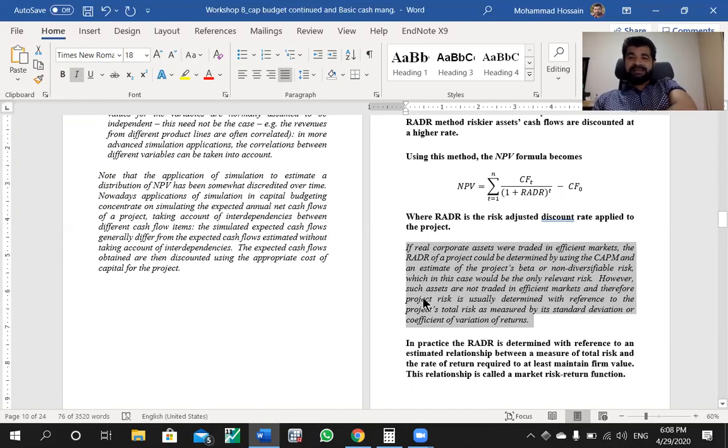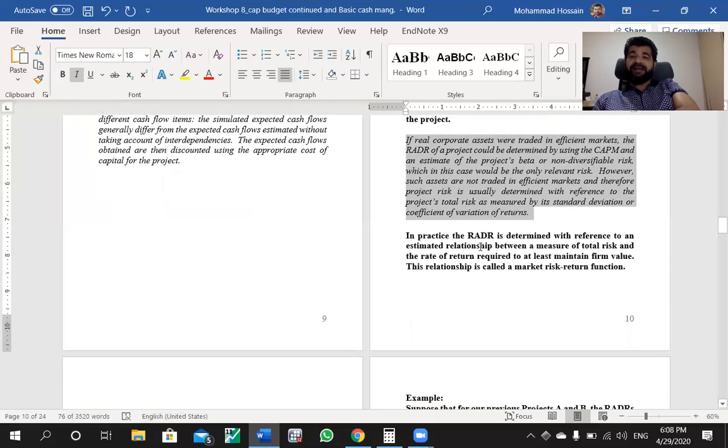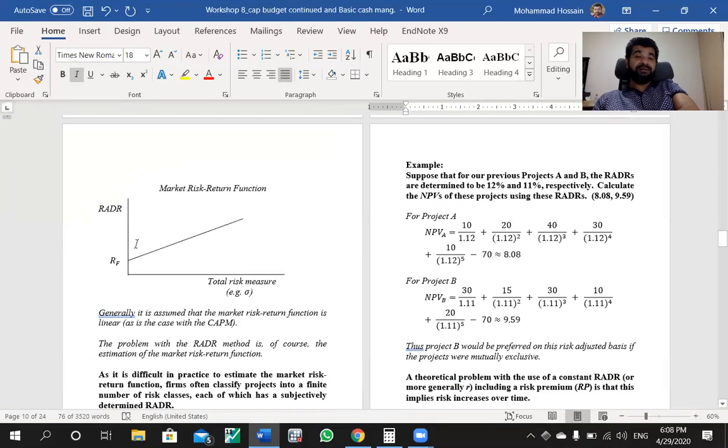However, such assets are not traded in efficient market, and therefore project risk is usually determined with reference to the project total risk measure. In practice, risk adjusted discount rate is determined with reference to an estimated relationship between total risk, sigma, which we calculate by using standard deviation, and market risk return.